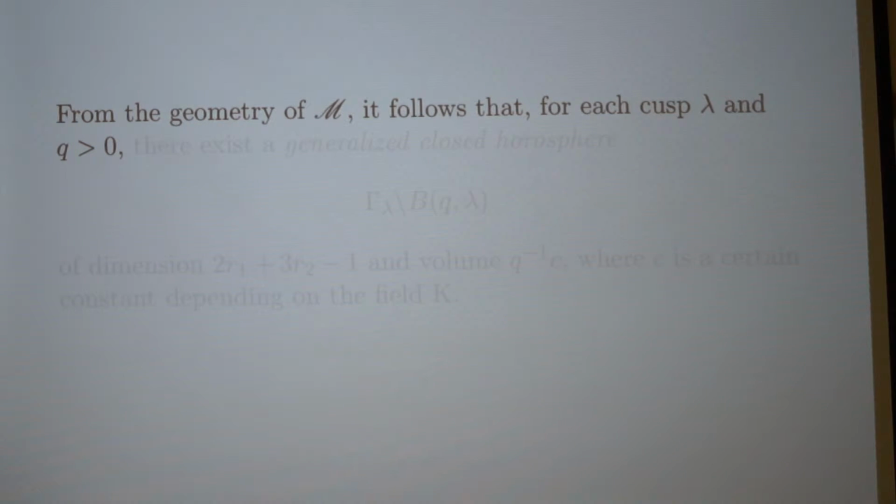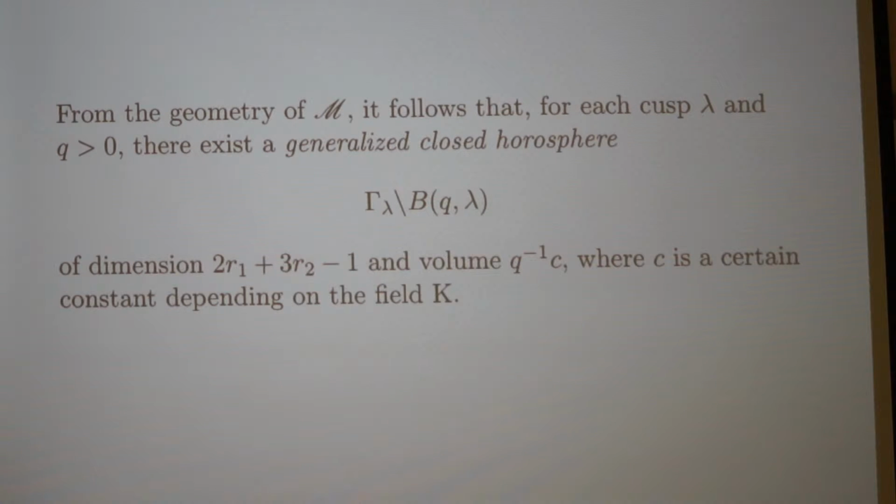In other words, from the geometry of the Hilbert modular orbifold, it follows that for each cusp and each real number Q bigger than 0, there exists a generalized closed horosphere of codimension 1 that are related to the closed horocycles in the case of the classical modular orbifold.